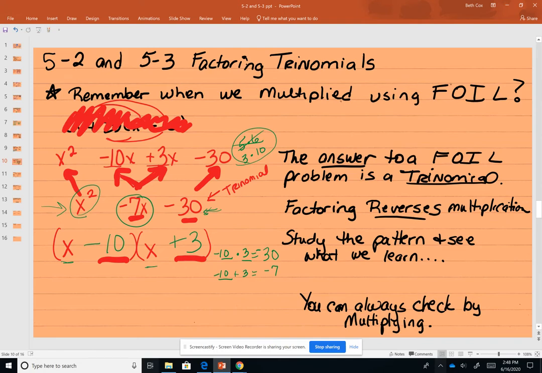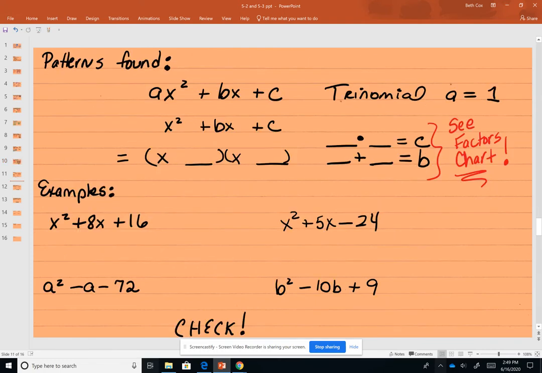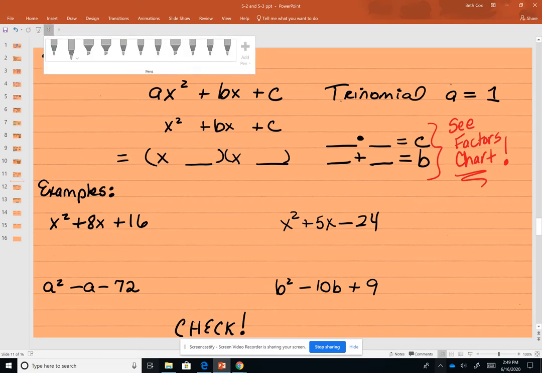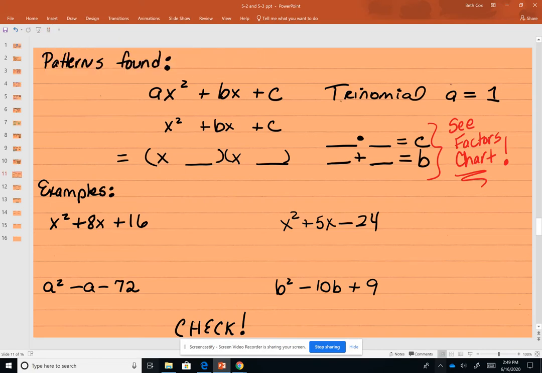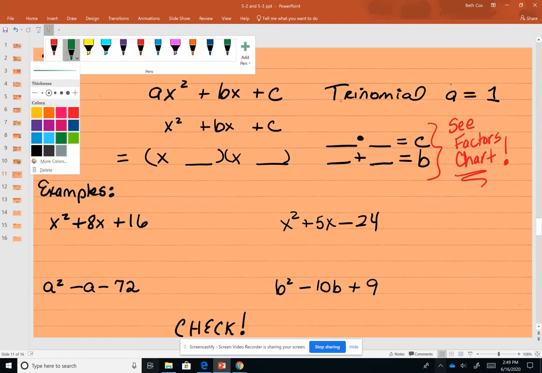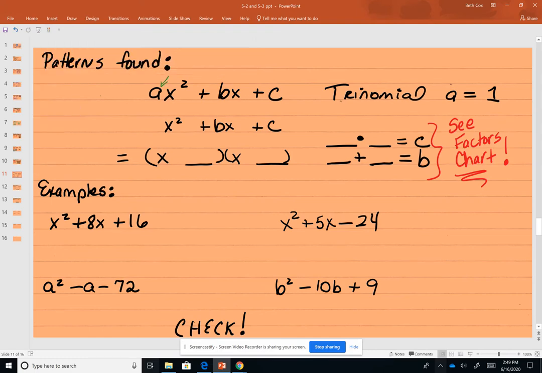Okay, now I can summarize this pattern for you pretty easily on the next slide. Okay, are we ready? Let's go to the next slide. Okay, so here's what we found, is that we have a trinomial where the first number is 1. This number right here is 1, the A. We call that our A number.